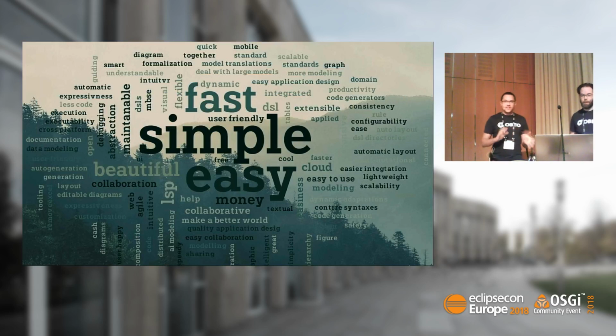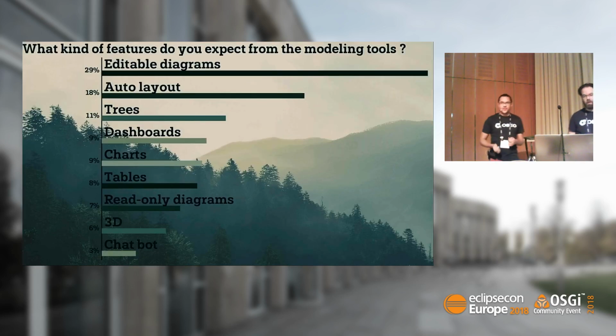We also asked for keywords about what you wanted for this integration. So you can see the cloud of the results here, and the kind of features that were expected, especially for the first versions of those new tools.